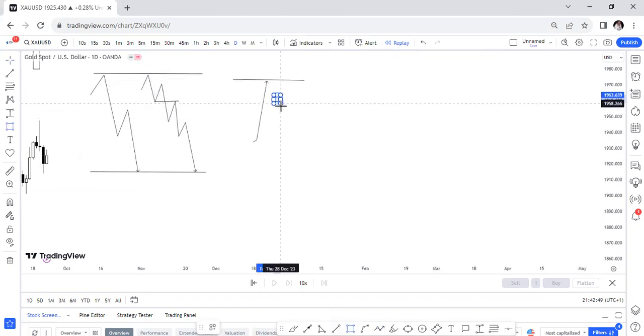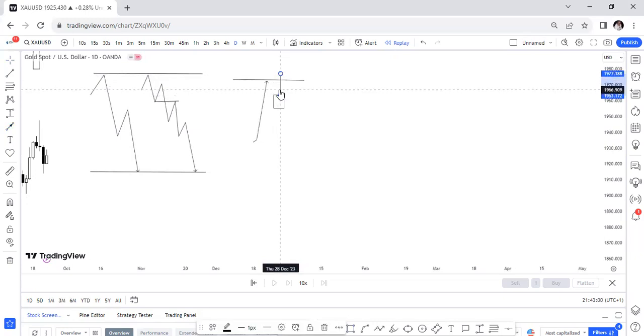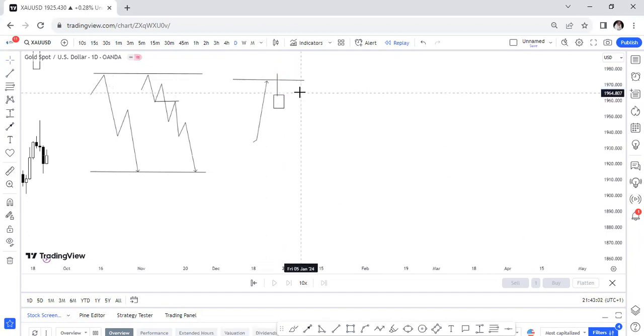You are looking for a rejection of that weekly support and resistance level. You are waiting for this.